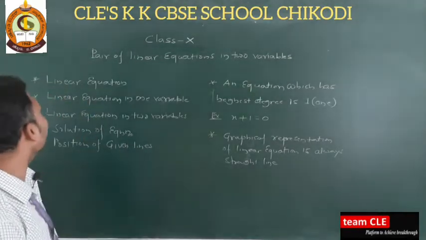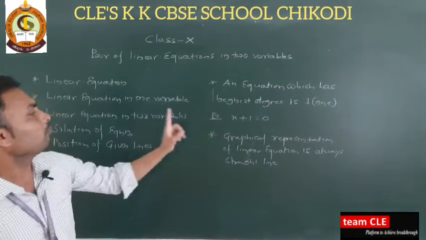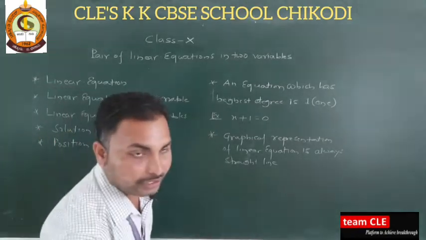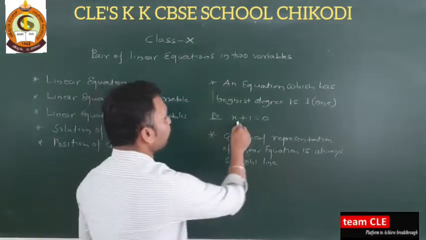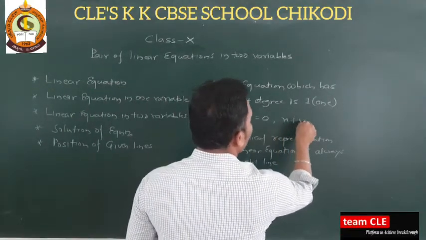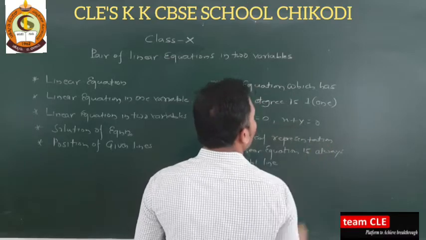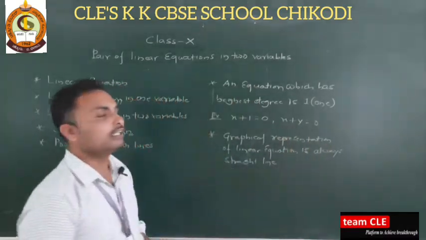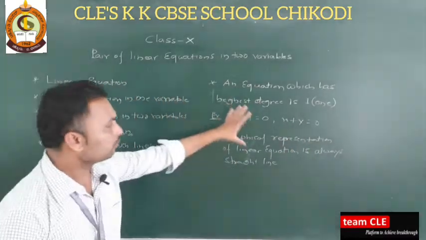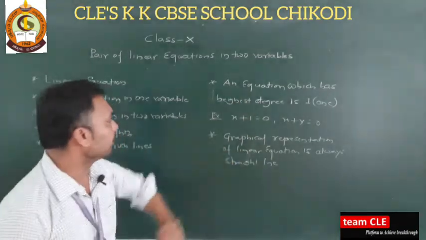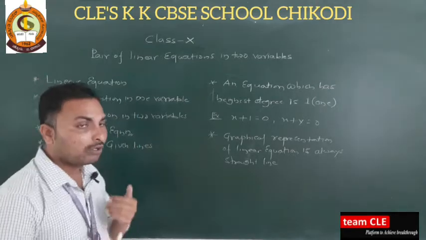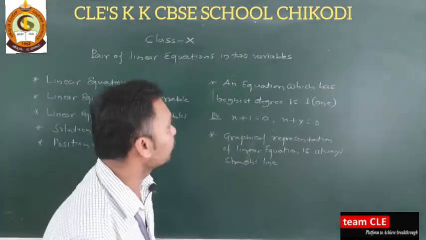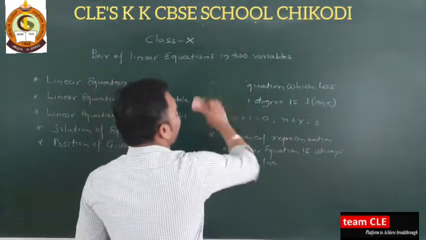Now the second point, linear equation in one variable. Even though we have x plus 1, we can take x plus y is equal to 0, and this is also a linear equation. Now linear equation in one variable means what?